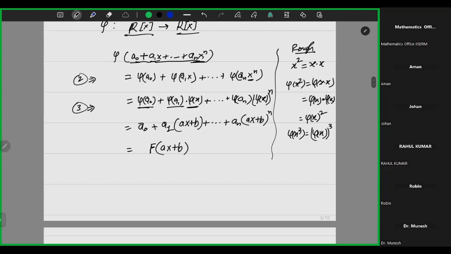So we define F_AB of some p(x) is equal to p, and in place of x we are just replacing ax plus b.